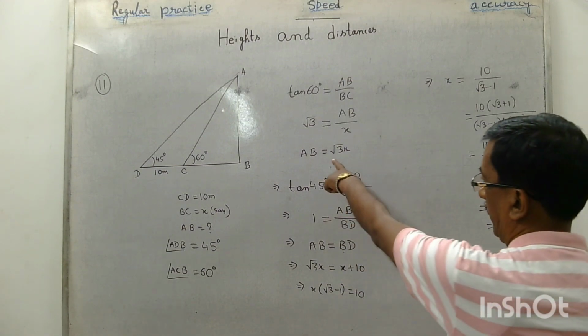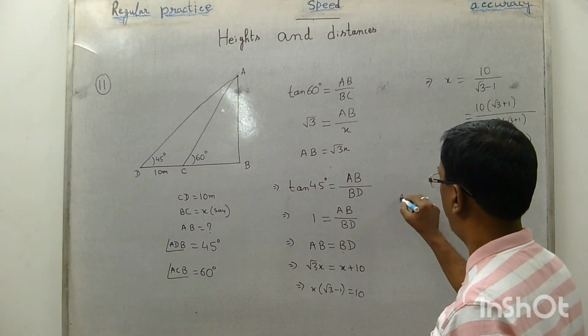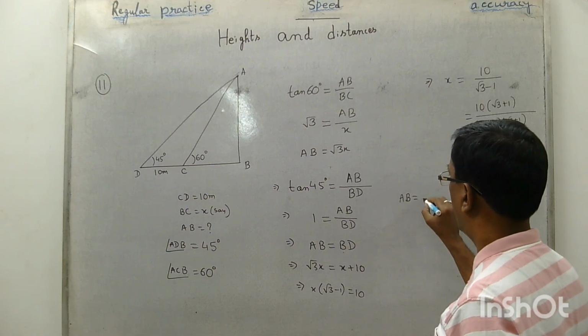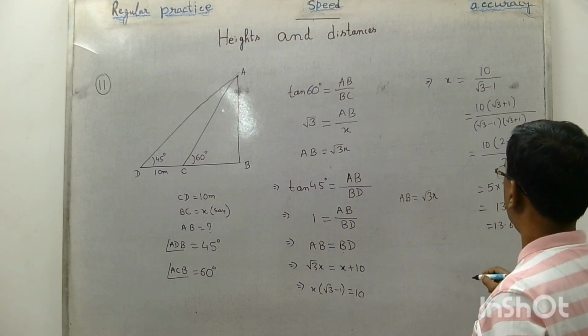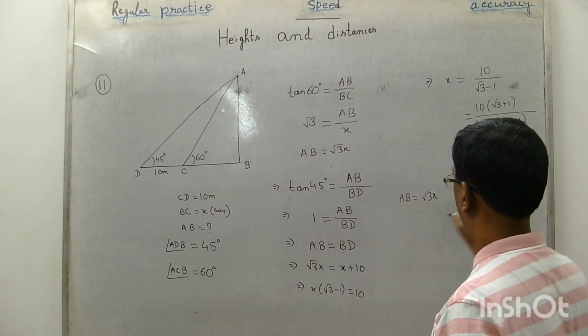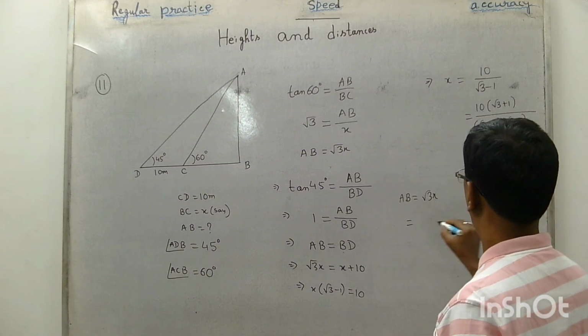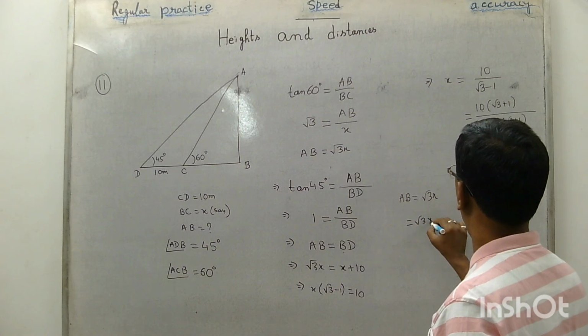But we have to find AB. So AB is root 3x. Root 3x means this portion. Root 3 into 13.66.